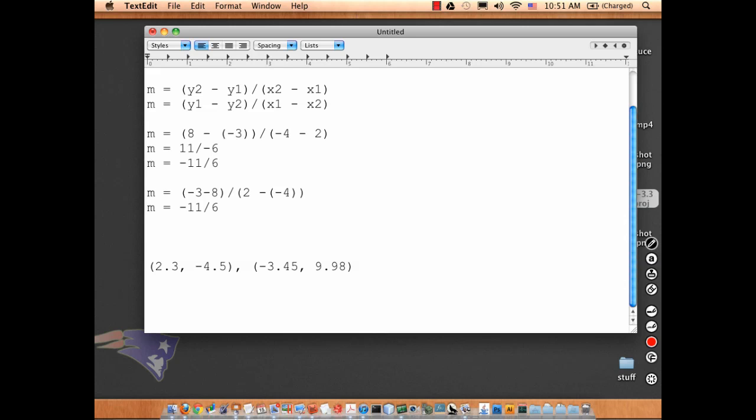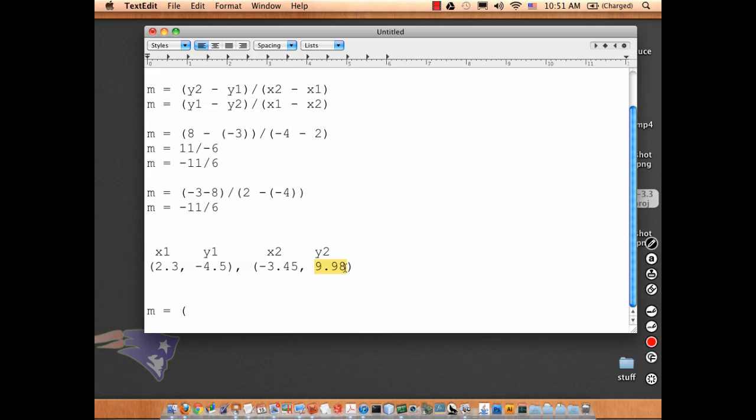But I do want you to be able to write out the ordered pairs correctly. So I'm going to call this x1, y1, x2, y2, and so my slope is equal to, now, again, Shaikwa, I get to choose, yep, you're Shaikwa. You can start with this number, or you can start with this number. It's totally your choice. Which number do you want to start with? This one or this one?